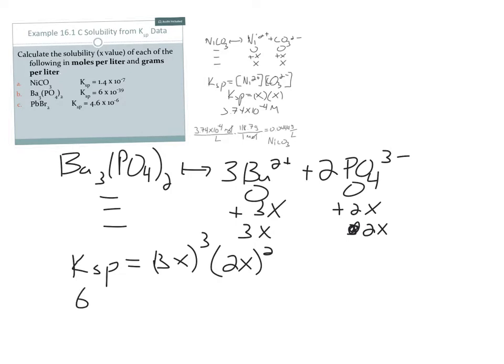We've got 6.0, I think, times 10 to the negative 39th. That's our Ksp. Equals, and now we fix all of that. We got 108 x to the 5th power when that's simplified.